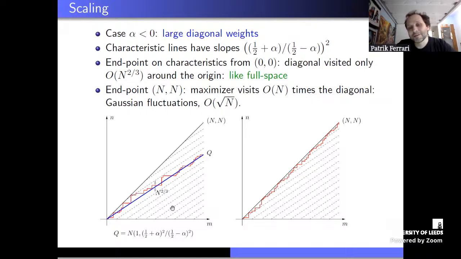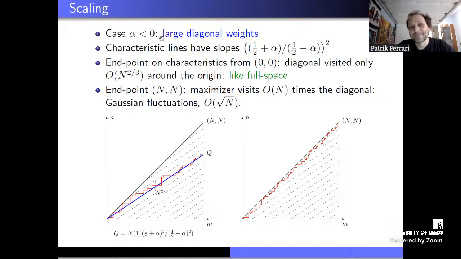And typically, if you look at this kind of picture and you try to understand which points are non-trivially correlated, it turns out they are on the so-called characteristic line. And these have a given slope, or this slope.